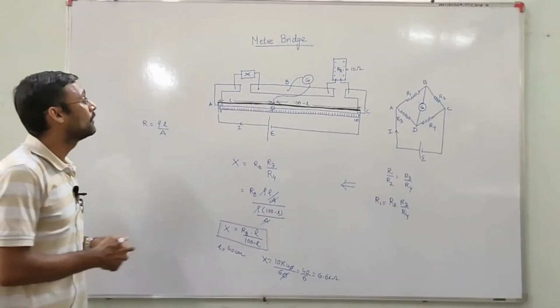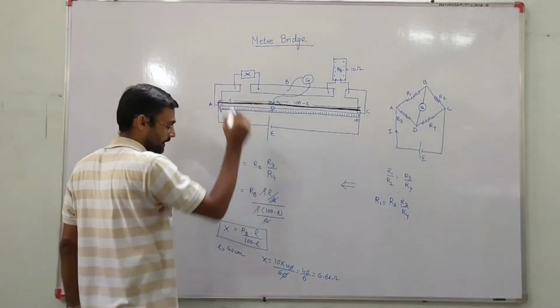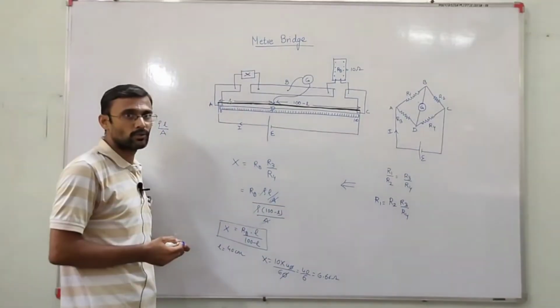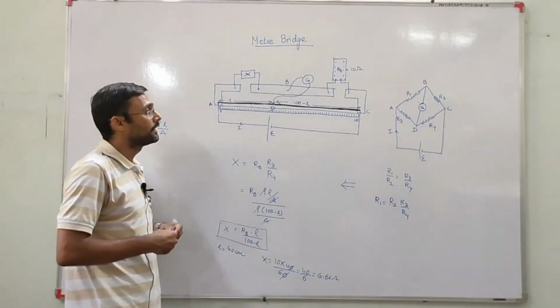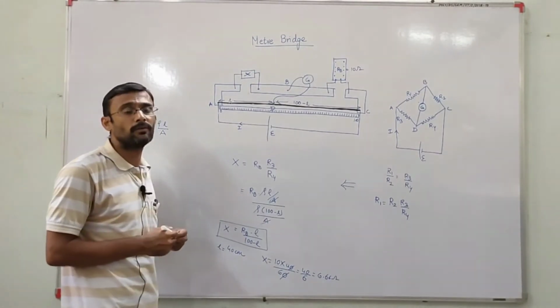That means the value of unknown resistance X is 6.66 ohms, which we have calculated using the principle of Wheatstone bridge.